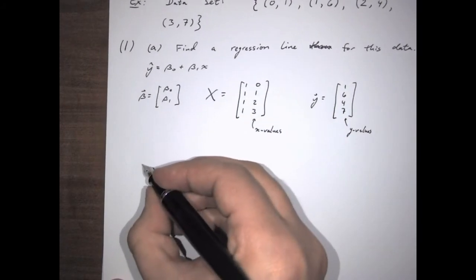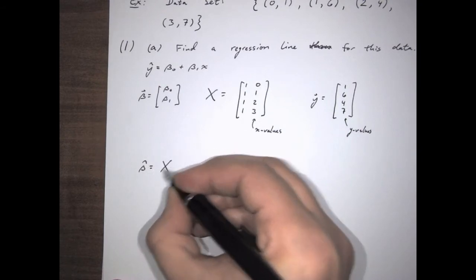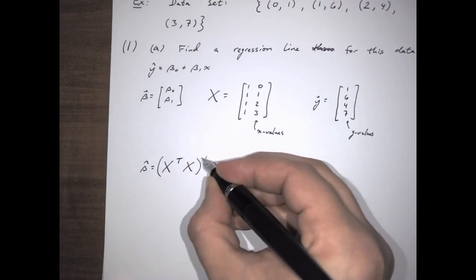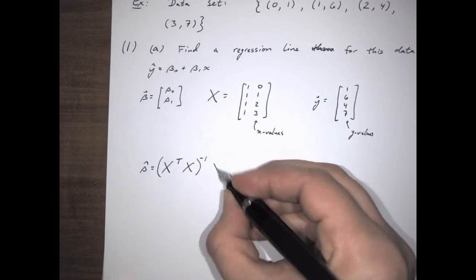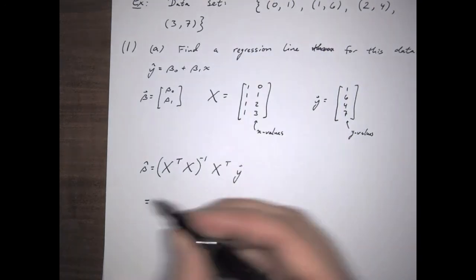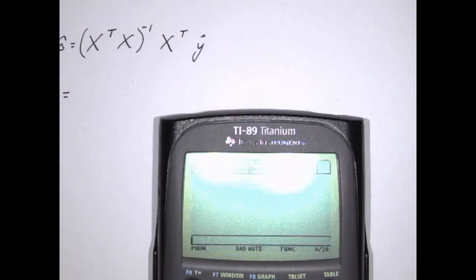Okay, well then, beta hat is going to equal x transpose x inverse, times x transpose times y, which actually we can just go ahead and put into our calculator. So here's the calculator.